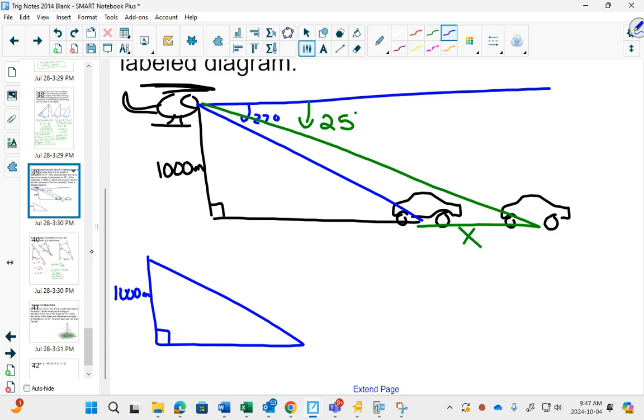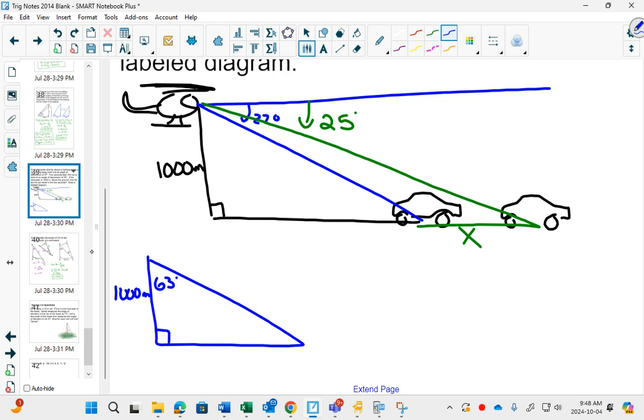Does it make sense that if the angle of depression is 27 degrees there, then the angle that's inside the triangle would have to add up to 90 degrees? And if I add up to 90 degrees with 27, I'm going to get 63 degrees.